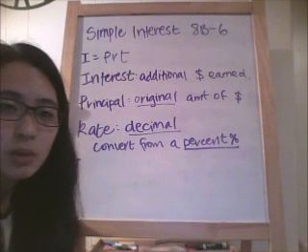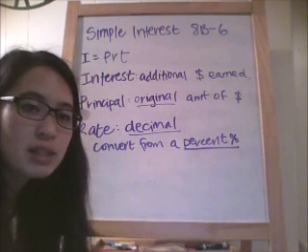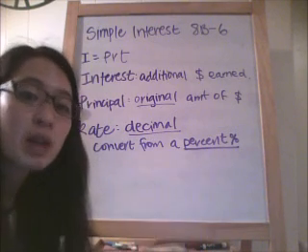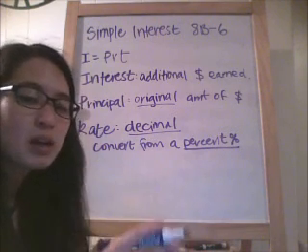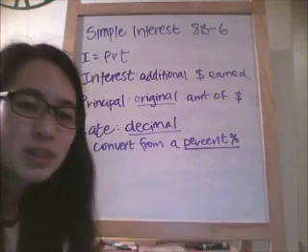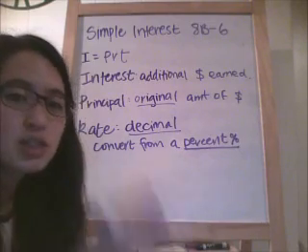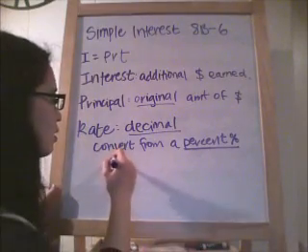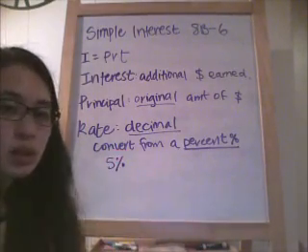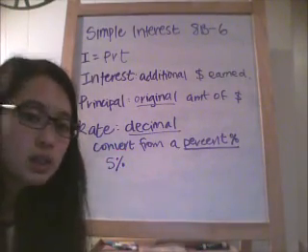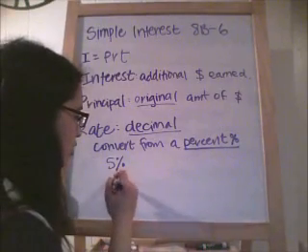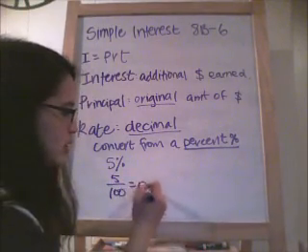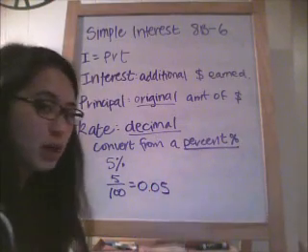If you remember, when we go from percents to decimal, it's the same thing as dividing by 100, because percent means per 100. So if you divide by 100, that's the same thing as moving the decimal place 2 places to the left. So let's say, for example, you have 5%. Two ways you could do this. You could do 5 divided by 100, which would give you, you plug this into your calculator, 0.05.